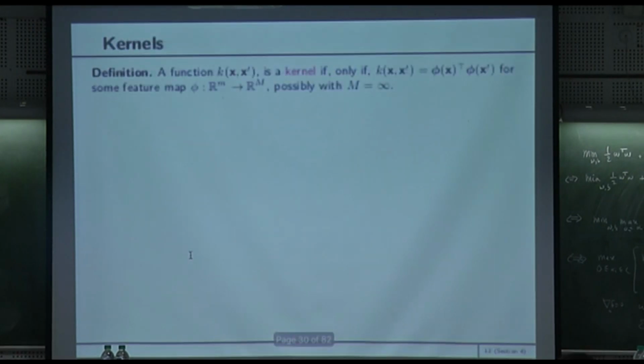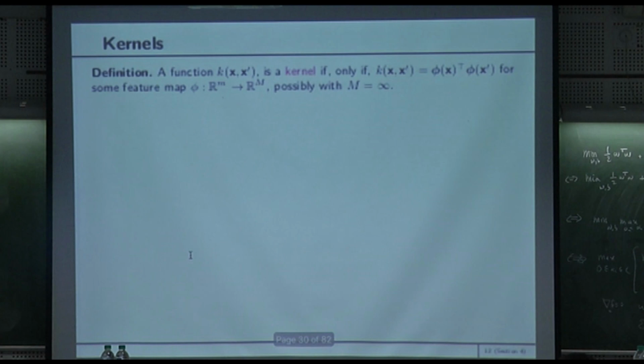So this is going to take a little bit of working, but we will get there. We'll say a function k is called a kernel if and only if, it's a function of two variables, x and x prime, two vectors. You give me two vectors. I'm going to call a function of these two vectors, x and x prime, a kernel, if I can write that as phi of x transpose phi of x prime for some feature map phi, potentially with m being infinity.